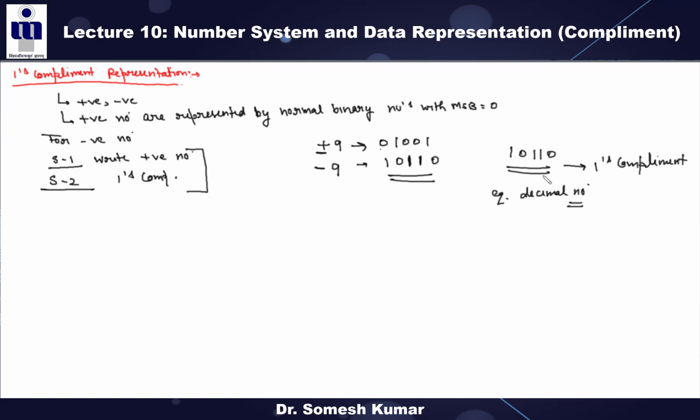First you check, okay, this is 1s complement form. If the MSB is 1, it means it is negative, right? Then you take the 1s complement again, and it will come to the normal form. So the 1s complement of this is this, right? From here you can find the magnitude. The magnitude is 9, right? In this way, you find that this is minus 9 in the equivalent decimal.